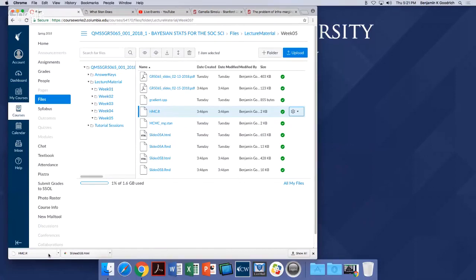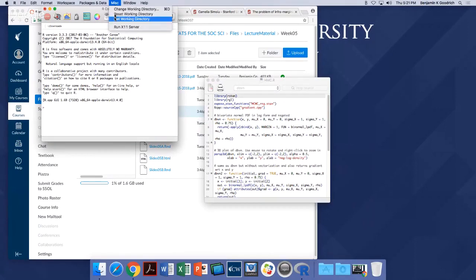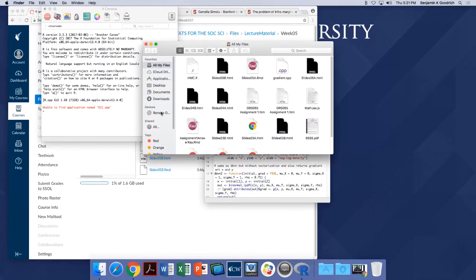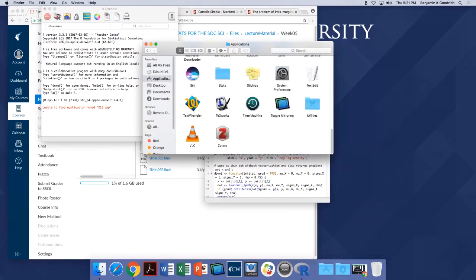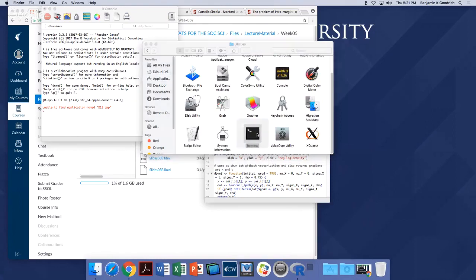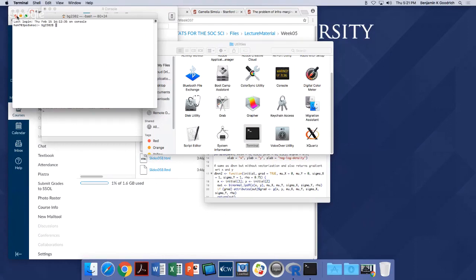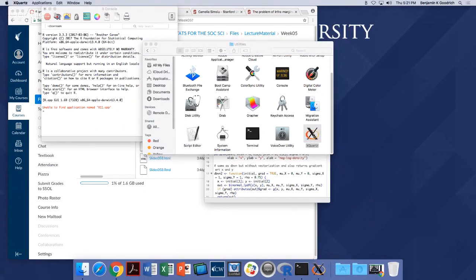And then can I open you? Sure. Okay, and then I'm going to need my X server. Oh! I'm going to need my backup X server. There's utilities. Oh, there's XQuartz. That's what I'm talking about.